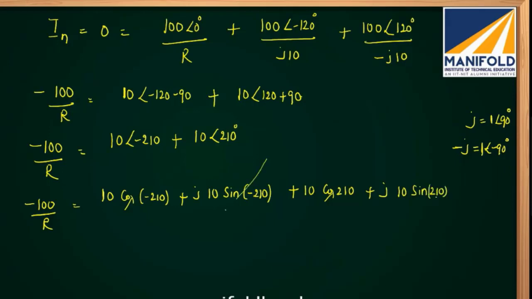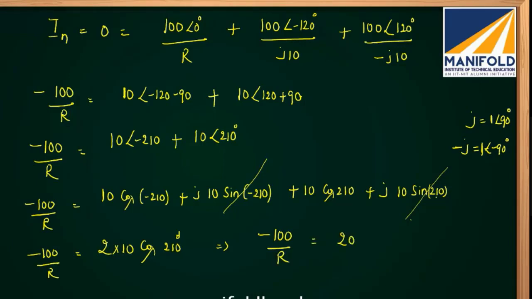This and this will automatically cancel each other because one is negative. Sine of minus theta is minus sine theta, so you can directly cancel them. So minus 100 by R is equal to 2 into 10 into cos 210. Why, sir? Cos of minus theta is cos theta. So this implies minus 100 by R is equal to 20 cos 210.